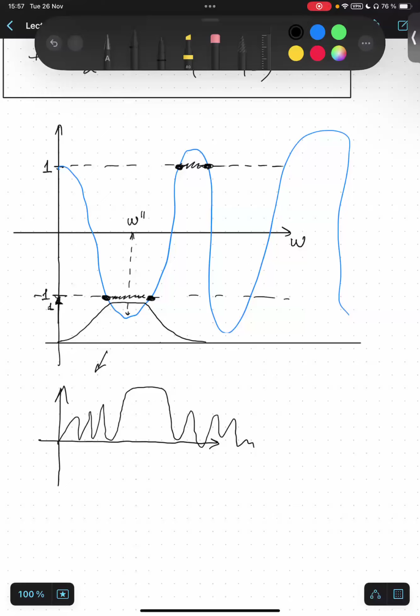So if the structure is finite, you will actually see on the spectra these resonances that are related to Fabry-Perot.